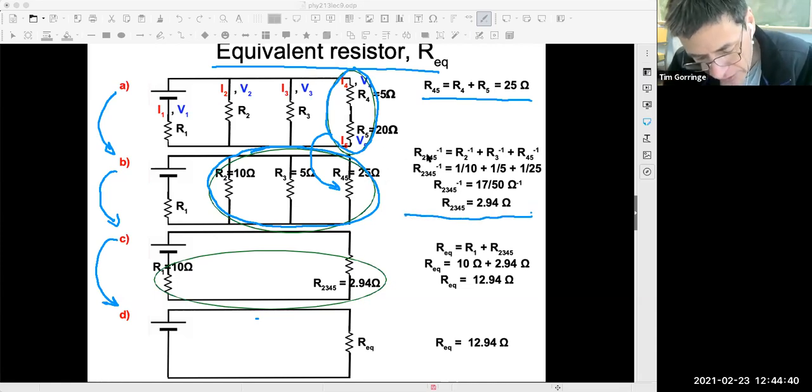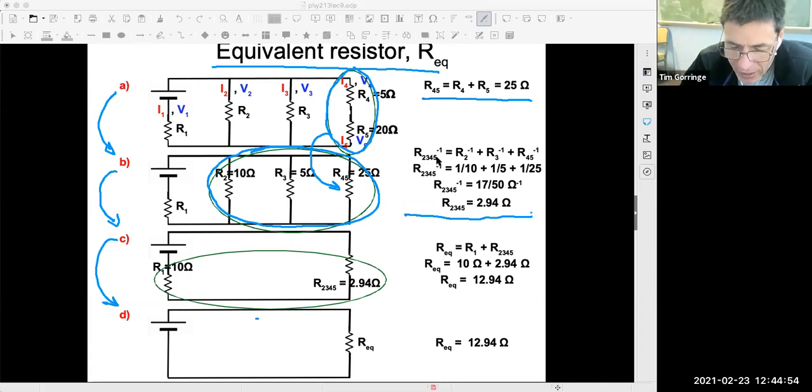I called the single equivalent resistance that I'm going to replace R2, R3, and R4,5 with, R2,3,4,5. Well, that's a mouthful, isn't it? But I gave it that name because I wanted to indicate that it's replacing R2, R3, and R4,5, which was a replacement for R4 and R5.